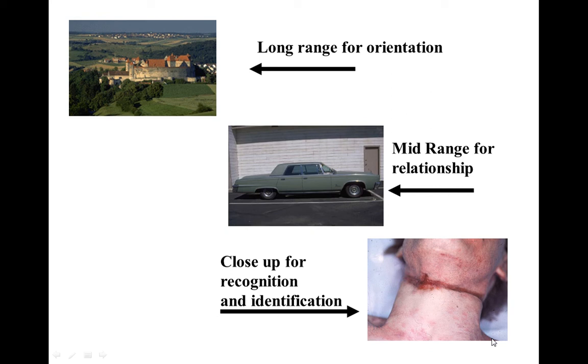So these are examples of what might be considered your long-range orientation. In some instances, it might actually be an aerial photograph that shows a large area that might be the crime scene itself. But then it might also be a vehicle for a mid-range, and then items that are within that vehicle itself for your close range picture.